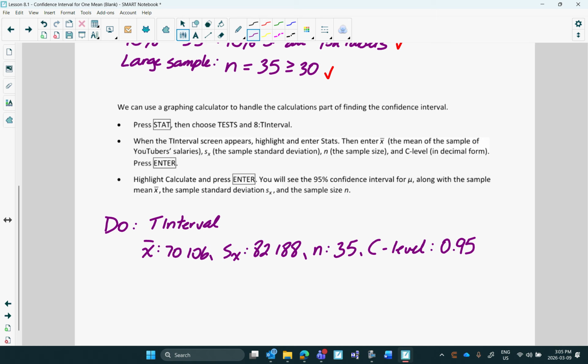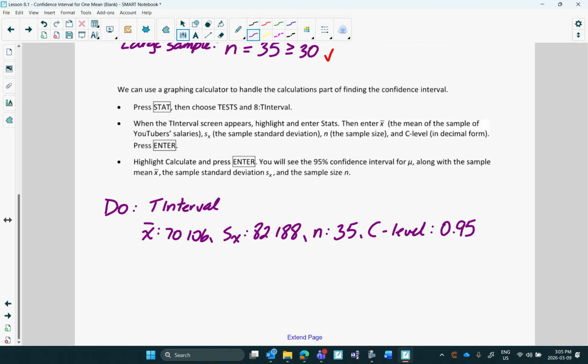And we should get something very close to what we had when we did it the long way, and it appears that's the case. 41,873 to 98,339. Now I'll just write the conclusion.